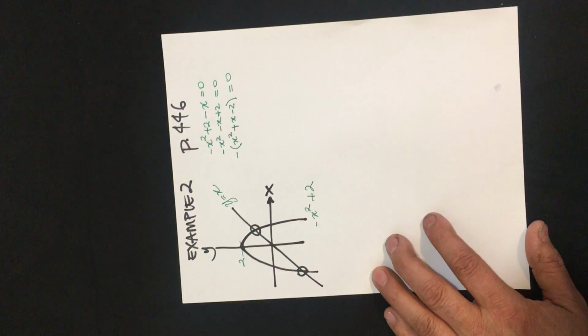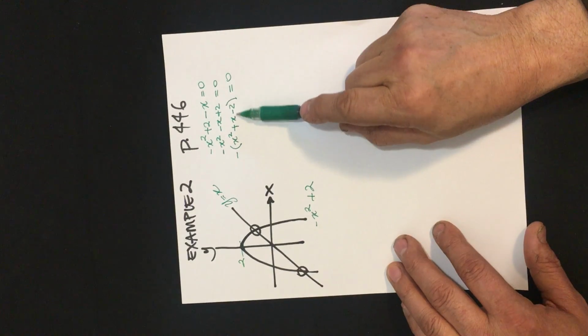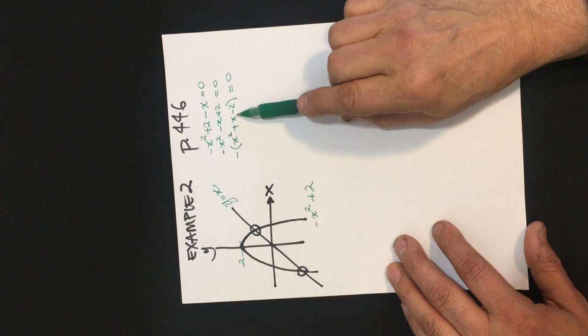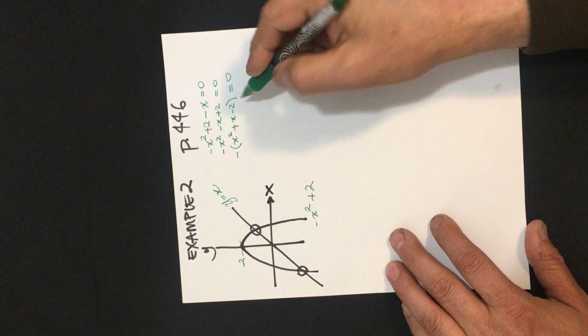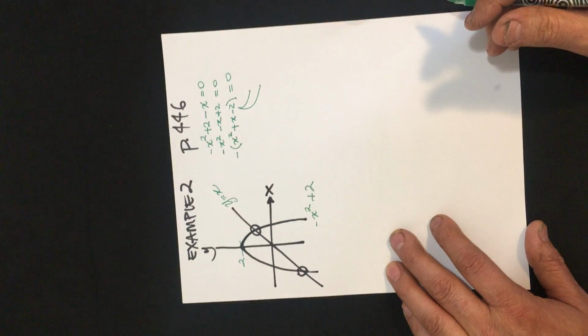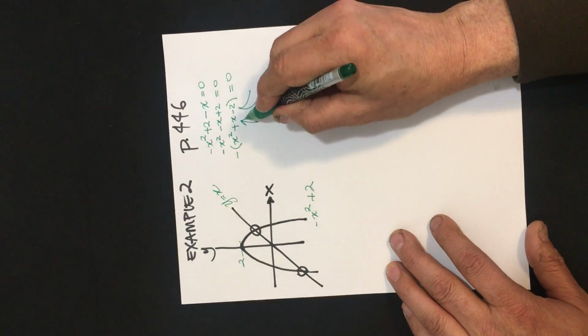Now we go back to algebra. Okay, the parabola is x squared plus x minus 2. We want to know two numbers that multiplied give minus 2 and added give plus 1.